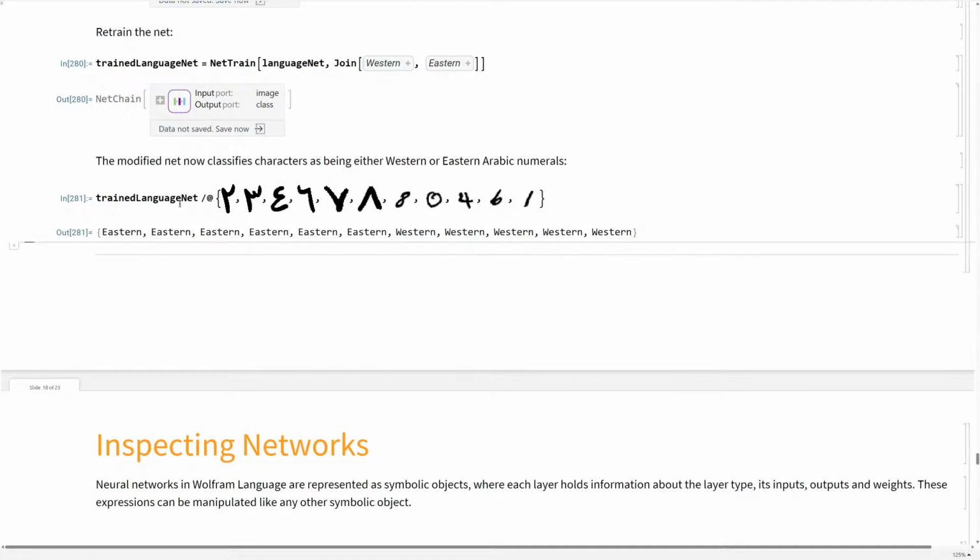So here, this modified net now classifies characters as being either Western or Eastern. As for here, the first half of the new data set is Eastern, and the other half is Western.